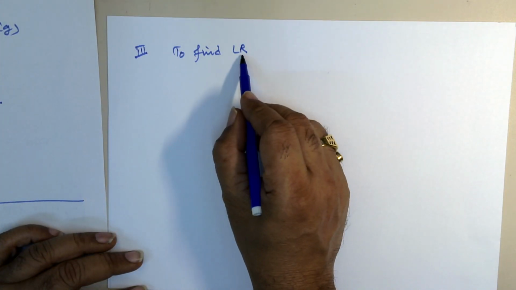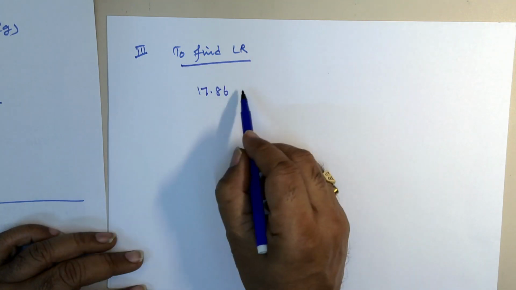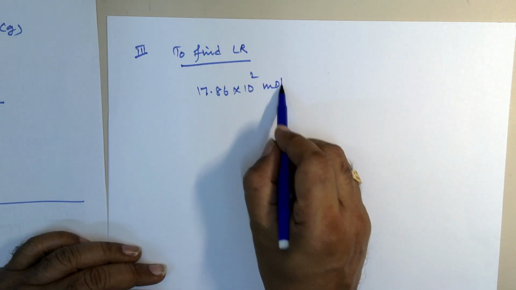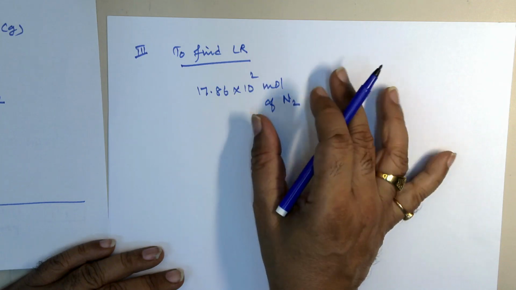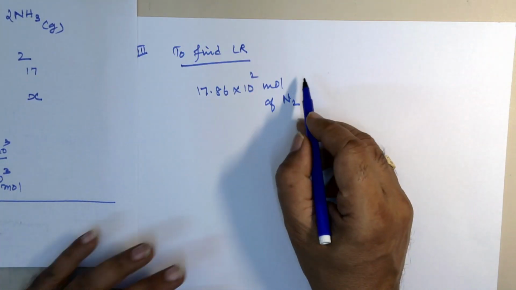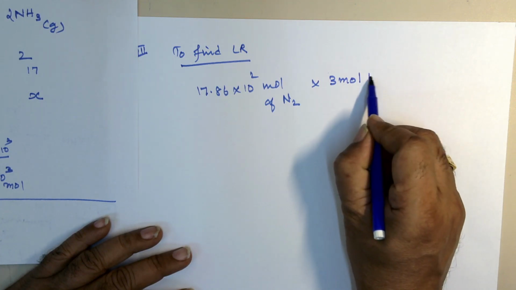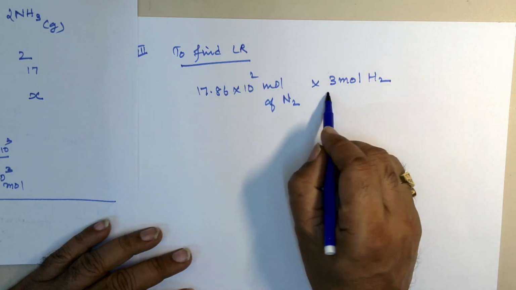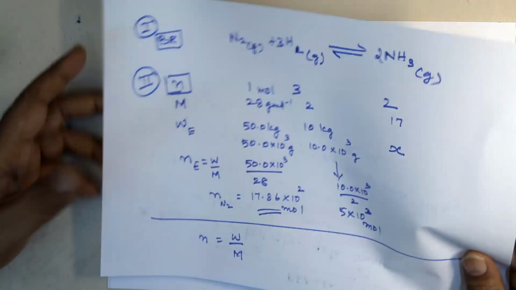Write down, to find the LR what we are supposed to do: for 17.86 into 10 squared mole of nitrogen, the available nitrogen, we can have at most 3 moles of hydrogen for 1 mole of nitrogen.